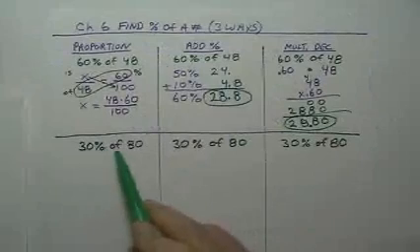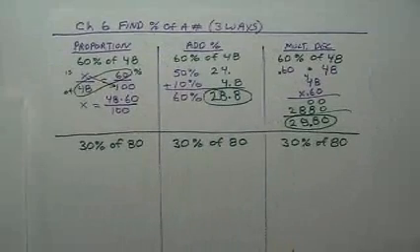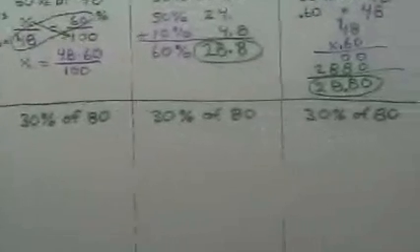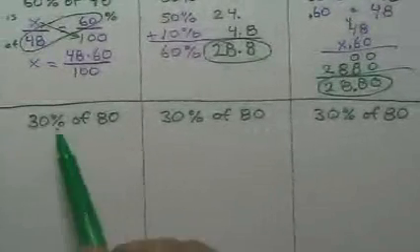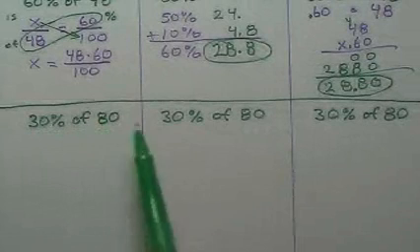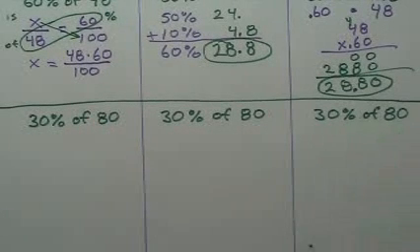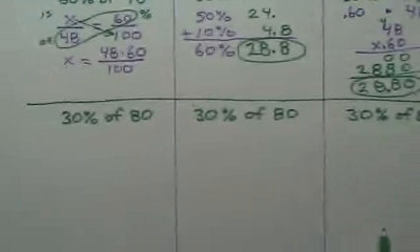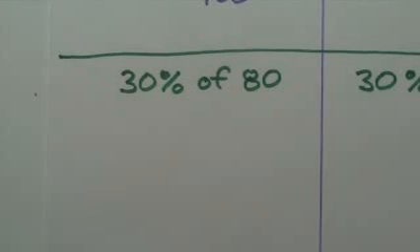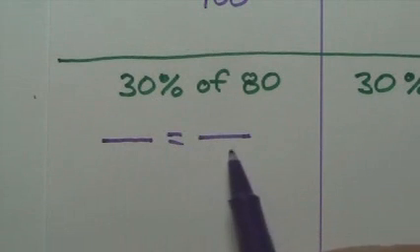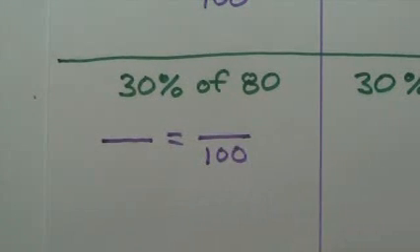Okay, let's do another problem, again using the same 3 methods. This problem is 30% of 80. For the proportion, we first set up bar equals bar over 100.